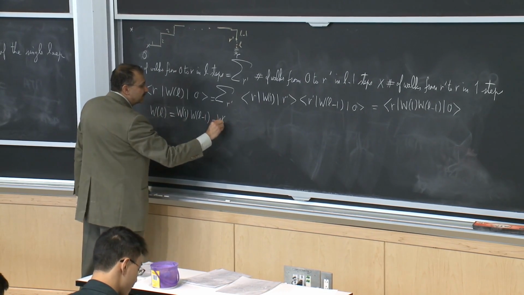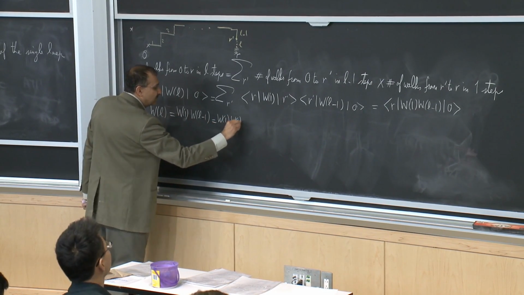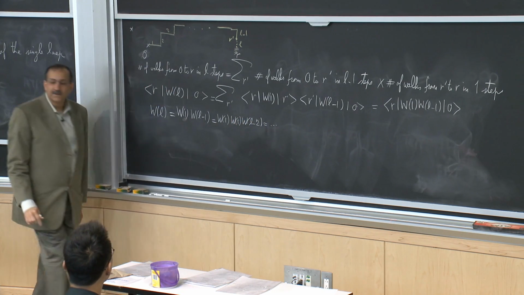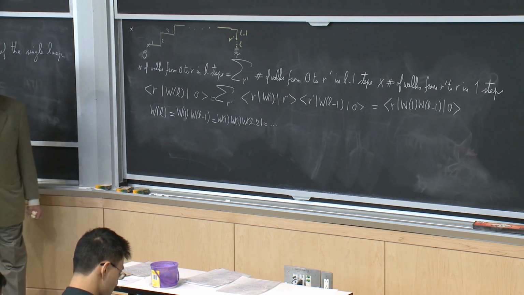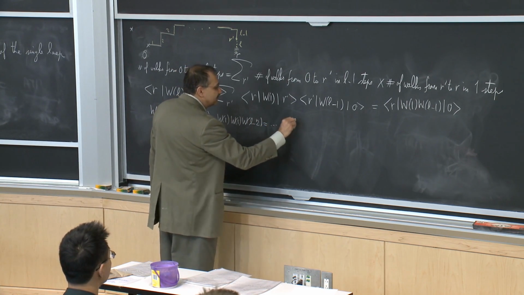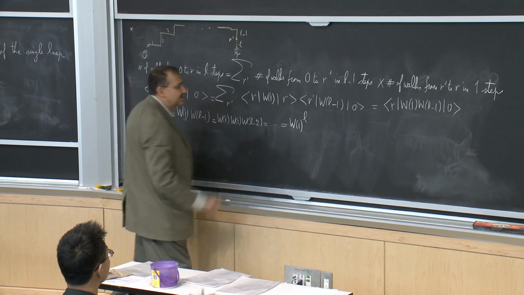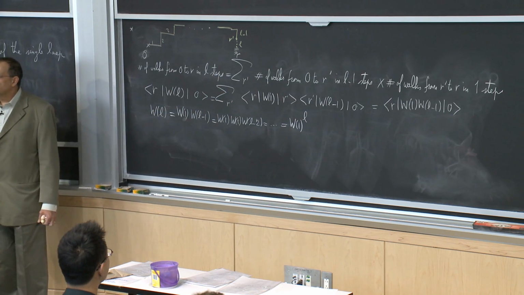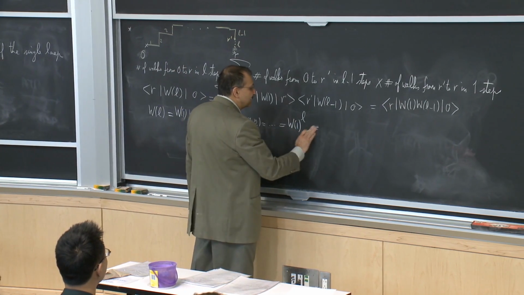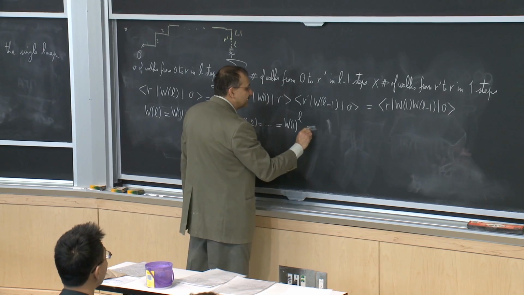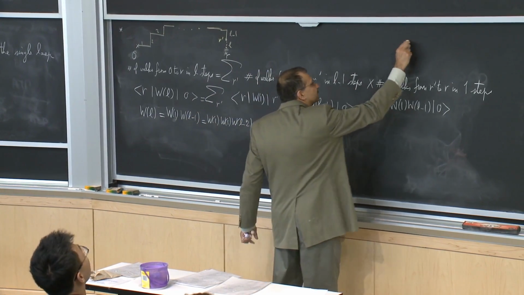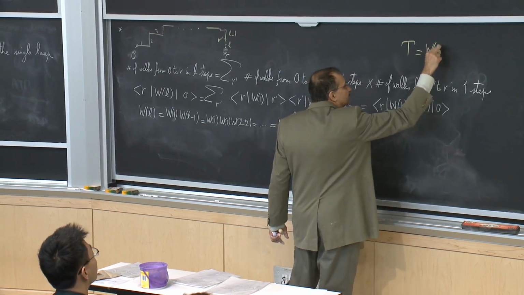W of L minus 1, I can write as W1, W of L minus 2, and so forth. And ultimately, the answer is none other than the entity that corresponds to one step raised to the Lth power. And just to make things easier on my writing, I will indicate this as T to the L, where T stands for this matrix for one step. Okay?